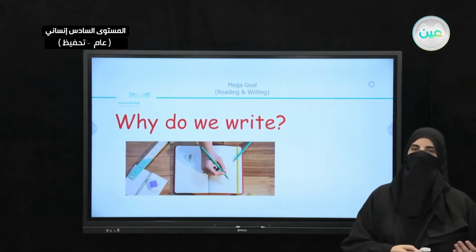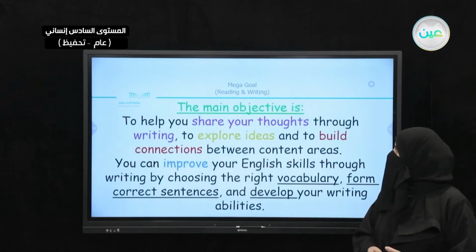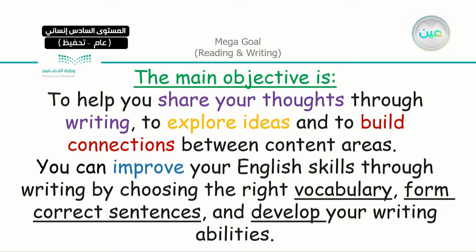Of course it does, but it can be something enjoyable at the same time. So the main objective of writing is to help you share your thoughts. So you are connecting and sharing with someone else through writing, to explore ideas and to build connections between content areas. You can improve your English skills through writing by choosing the right vocabulary, forming correct sentences, and developing your writing abilities.